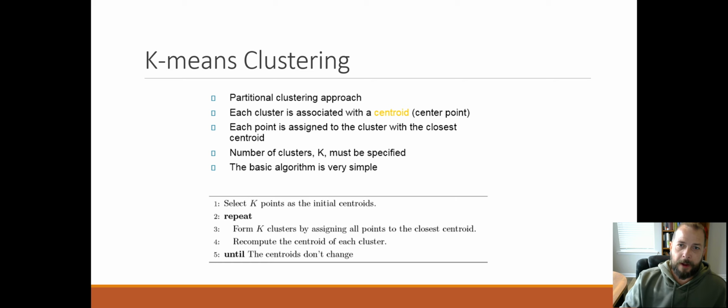We must specify the number k, the number of clusters, before we begin our iteration. Just like when we talked about the k nearest neighbors algorithm, this is very similar, where we have to assign a value for k to understand how many clusters we want to create.